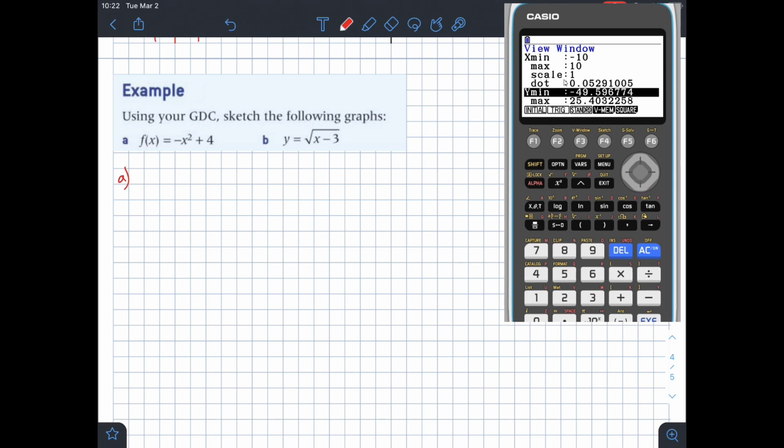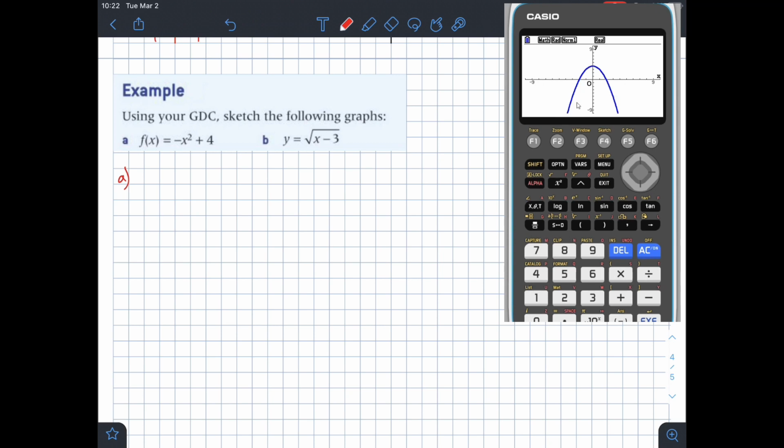Let's do the same for y. Let's put as minimum value negative 10, as maximum value positive 10, scale also 1. So maybe we should be able to see the graph a little bit better now. You see? This is a scale of 1, 2, 3, and same for y, 1, 2, 3, 4. Okay? So with this, we have a general idea of how the parabola looks like.